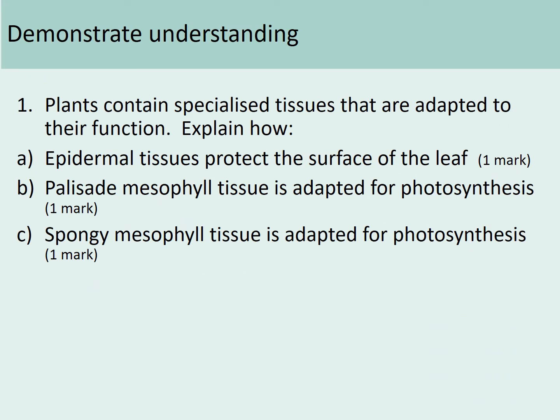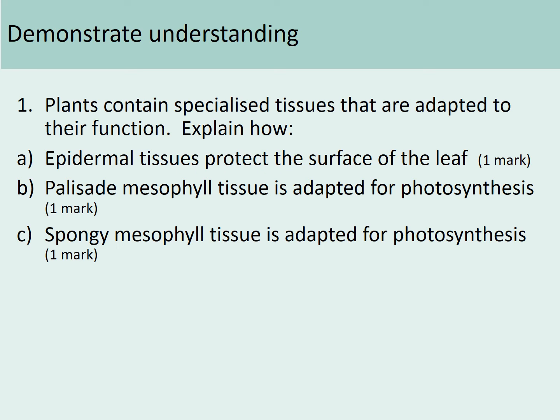Okay, so we should now have a diagram of a cross-section of a leaf and the information about those different tissues that are in the leaf that we need to know. Remember, the leaf is an organ. So we're going to finish off with a few questions. Plants contain specialised tissues that are adapted to their function.